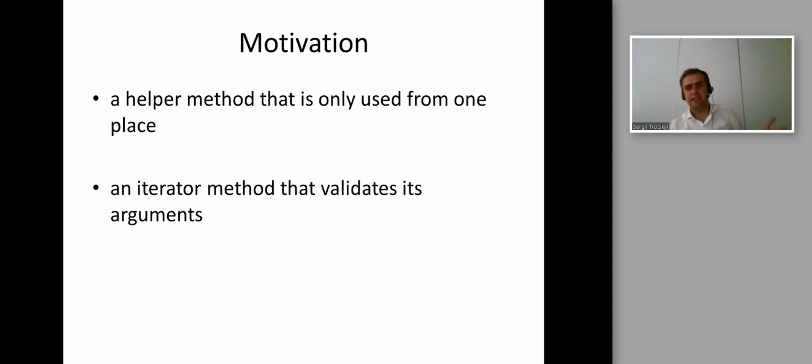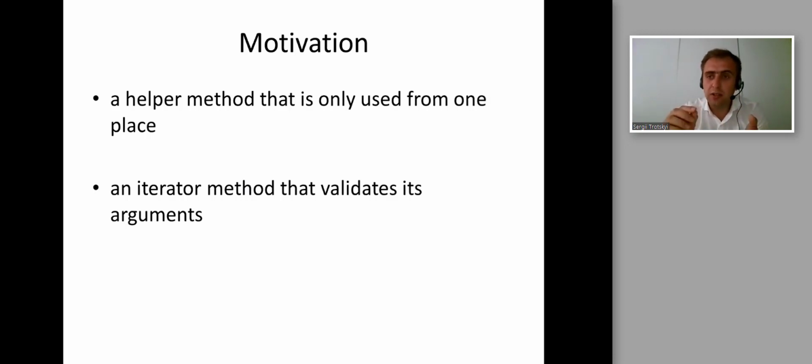Motivation: why did the Microsoft team decide to introduce it? Actually, there are several reasons. One reason, for example: imagine that you have a big method body. The general approach is to decouple it into several parts, and each part you move to a separate method. But all these newly created methods will be used only once, and that could confuse other developers who are working together with you in your team, for example.